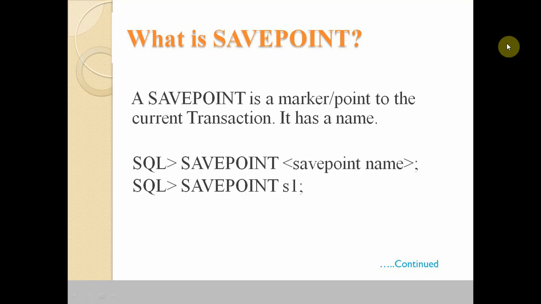So how to issue a SAVEPOINT? At the SQL prompt you have to write SAVEPOINT and then the SAVEPOINT name, and let's say the SAVEPOINT name is S1, so we write SAVEPOINT S1.